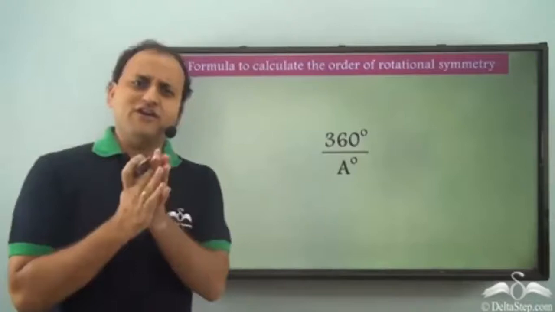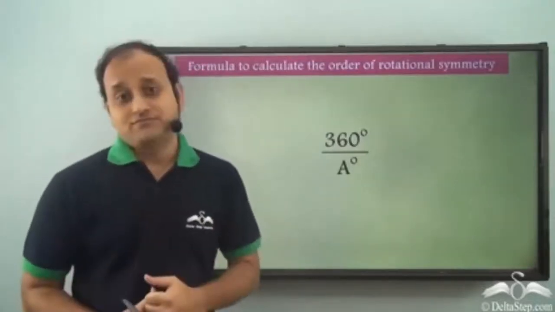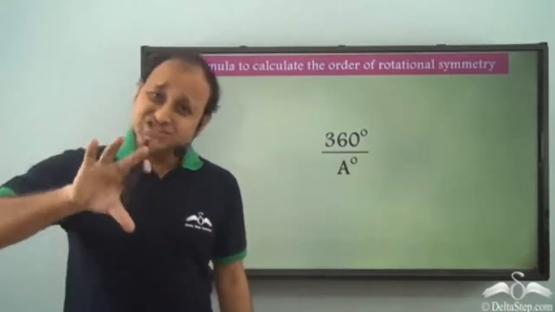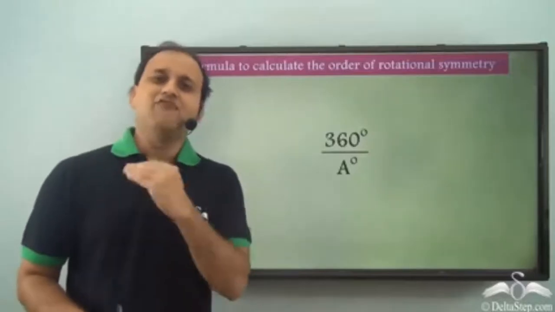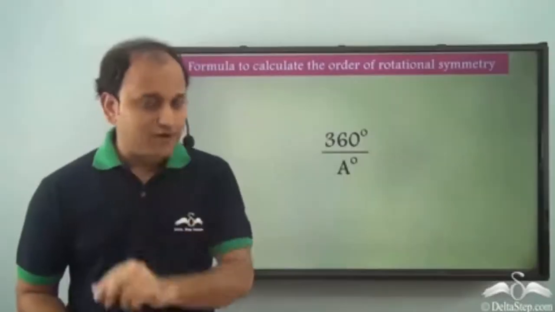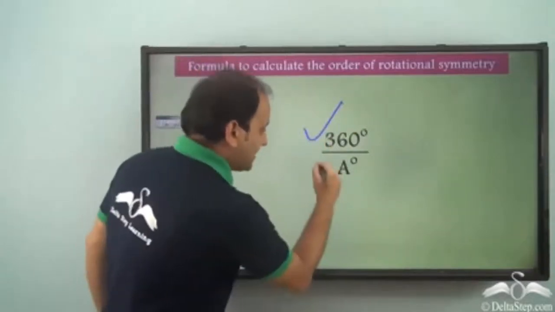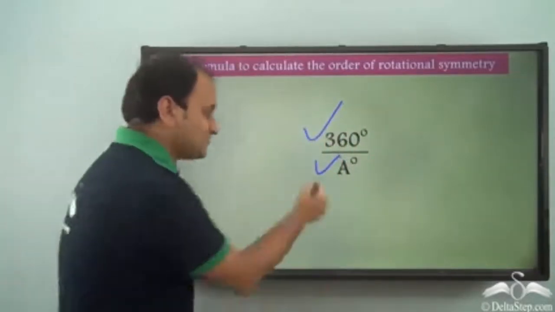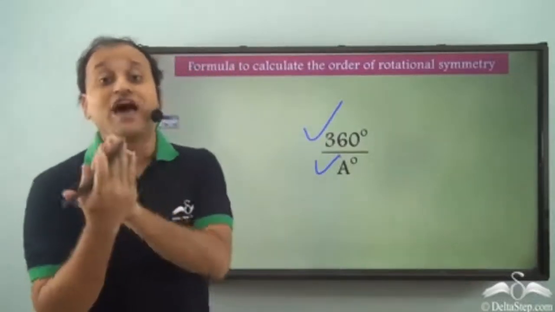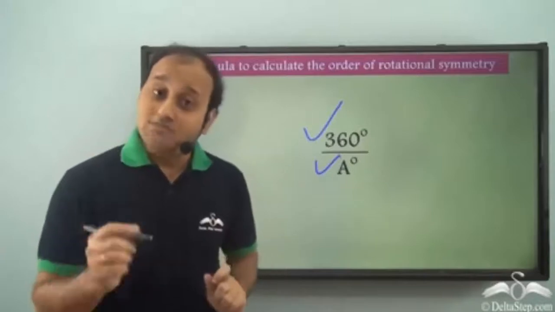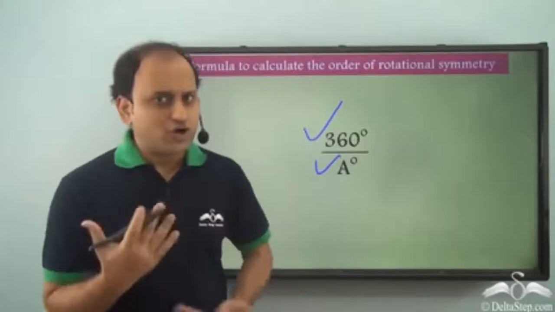Now what if you have an object where there are too many arms or too many sides to count? Then will you have to rotate it and check what is the order of rotational symmetry for that particular object? It will be very time consuming. So we have a formula. The formula is 360 degrees divided by A degrees. In this formula, you need to put the measure of the angle between two identical arms or two identical sides or two identical petals, whatever object you have.